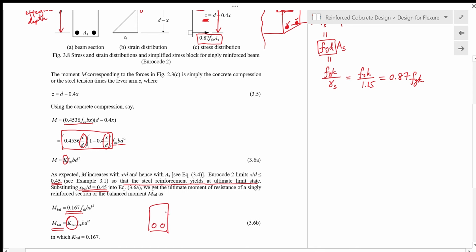Then x is equal to 0.45d, or x over d equals 0.45. That will give you the maximum cross-sectional area of As that you can use in the design of this cross-section for a singly reinforced section.